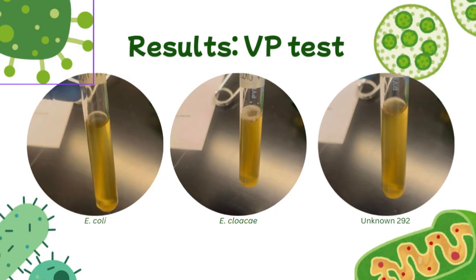Here's the Voges-Proskauer test, or the VP test. Our E. coli has no color change. Our E. cloacae has no color change, and our unknown 292 has no color change. The E. coli is for sure a negative, meaning there shouldn't have been a change in color. That means it does not produce acetoin. However, for the E. cloacae, it should have been a red color after the reagents.